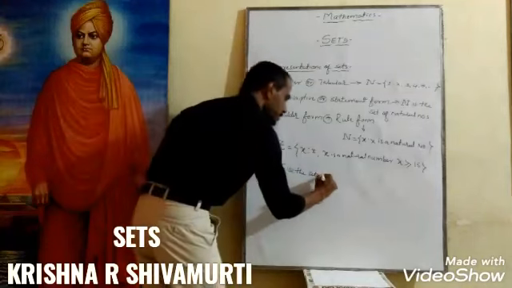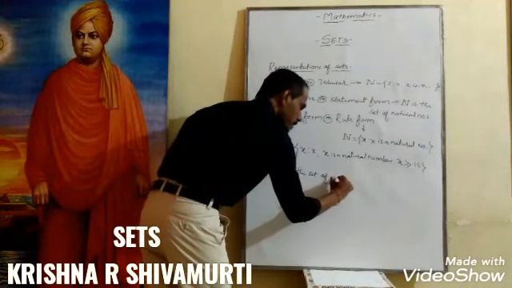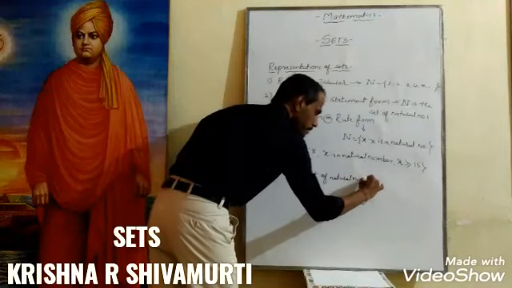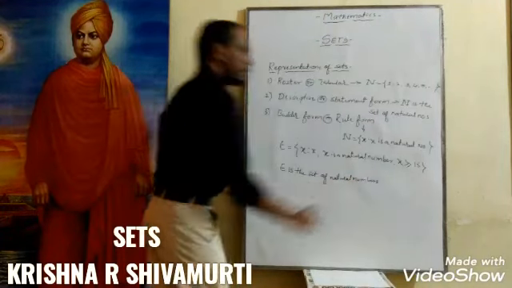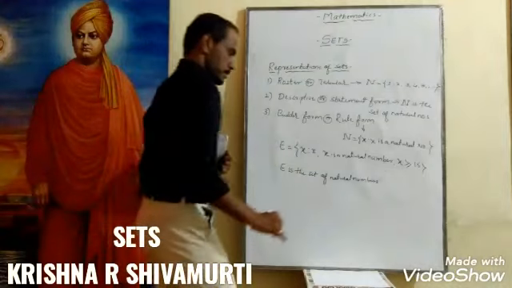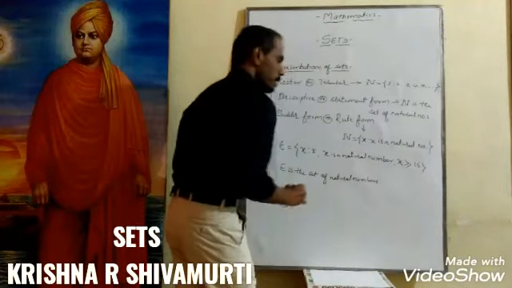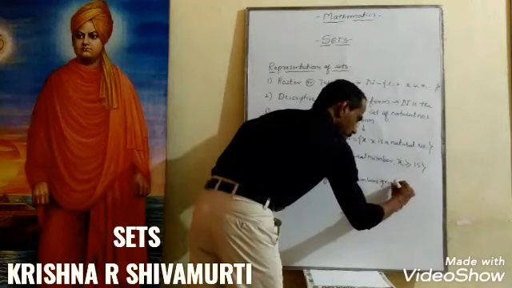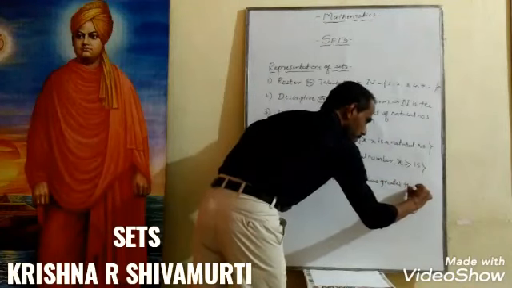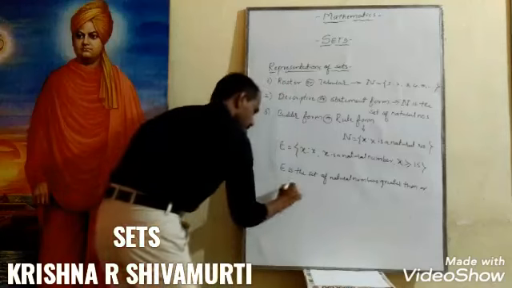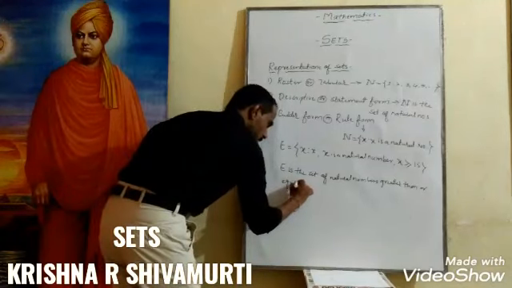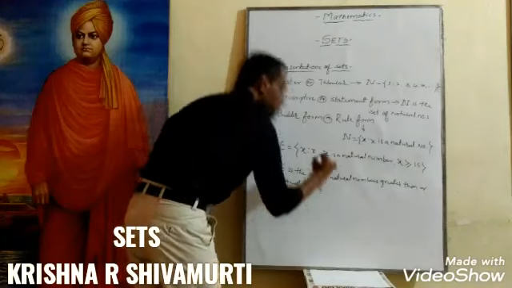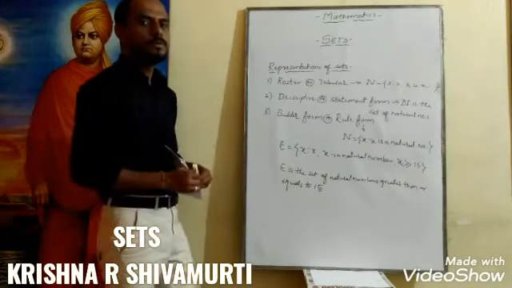E is the set of natural numbers greater than or equal to 50.